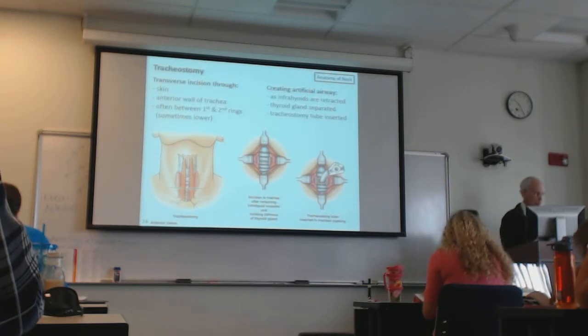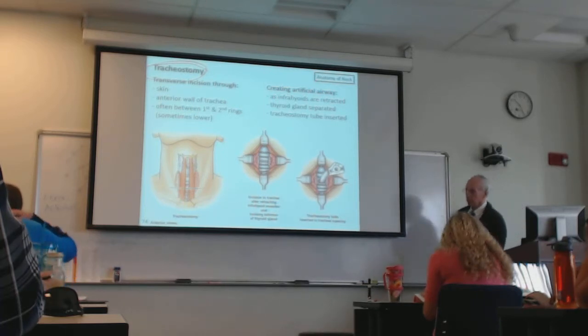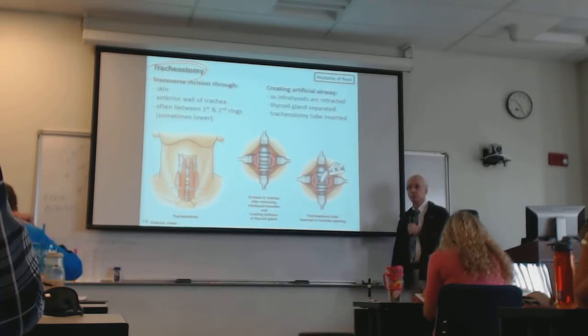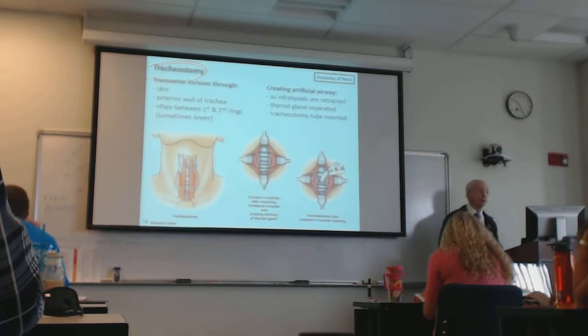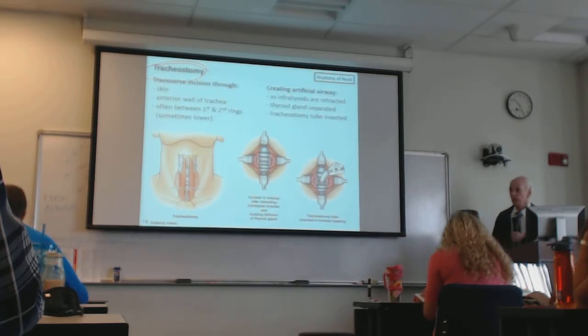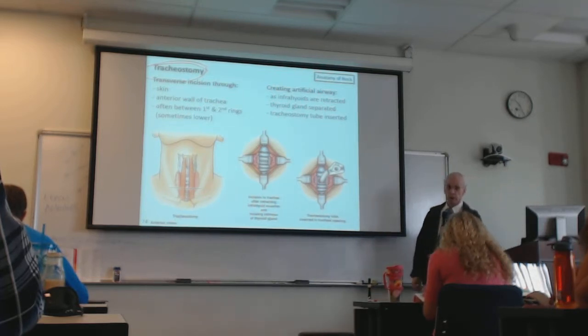There is also a somewhat dated distinction, I've pretty much given up on it, between otomy and ostomy. What's the difference between an otomy procedure, tracheotomy, and a tracheostomy? So an otomy just implies you're creating a hole.